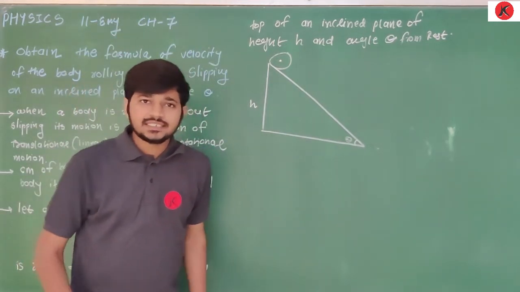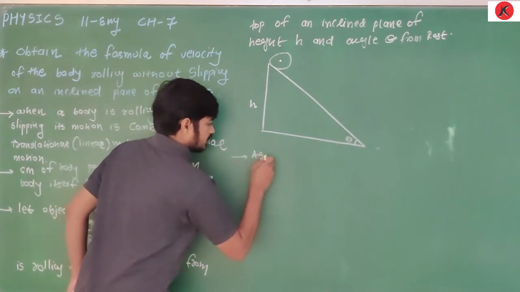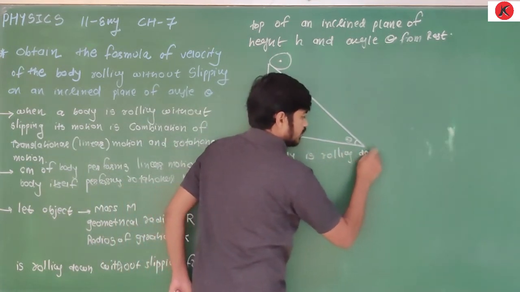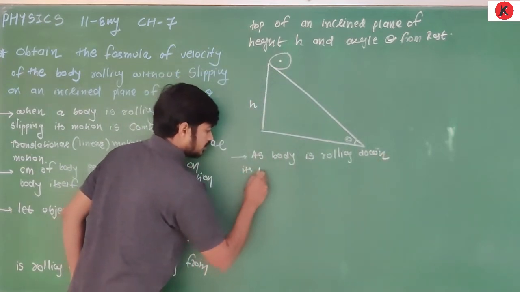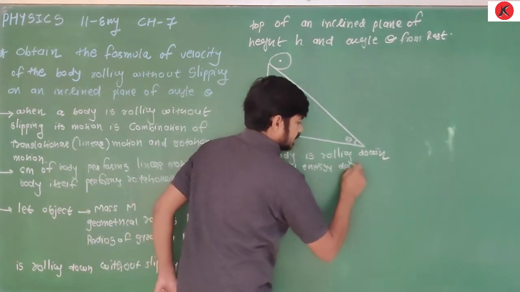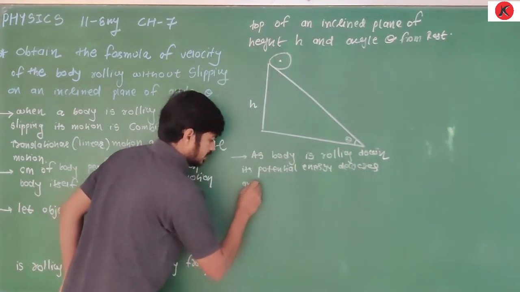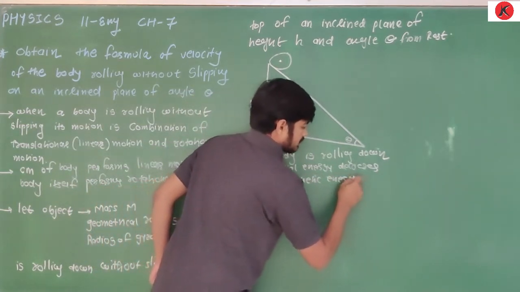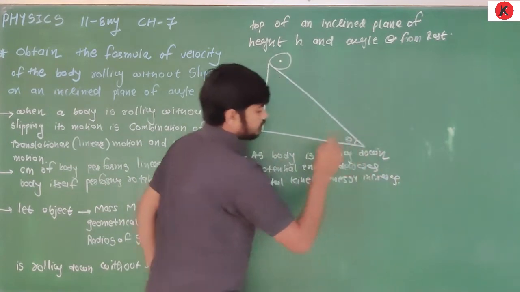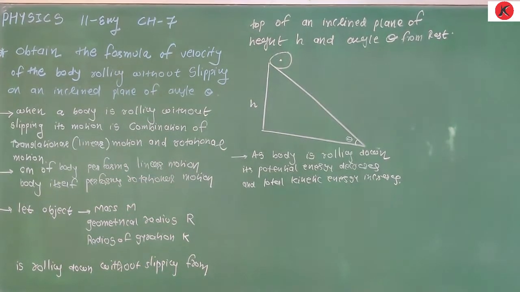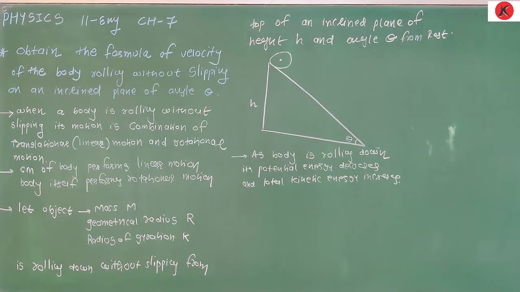Clear? Easy? So as the body is rolling down, its potential energy decreases and its total kinetic energy increases.